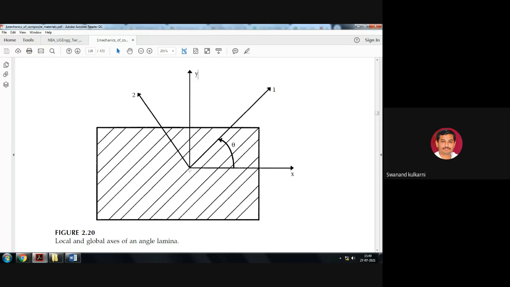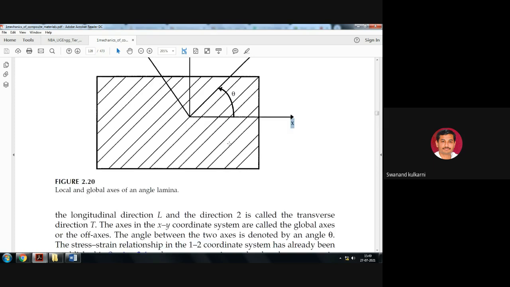Is it okay? Whatever notations we usually use, x is perpendicular to y and 1 is perpendicular to 2. Is it okay? 1 is at an angle theta to x, and in the present example that angle theta is given as 60 degrees here.